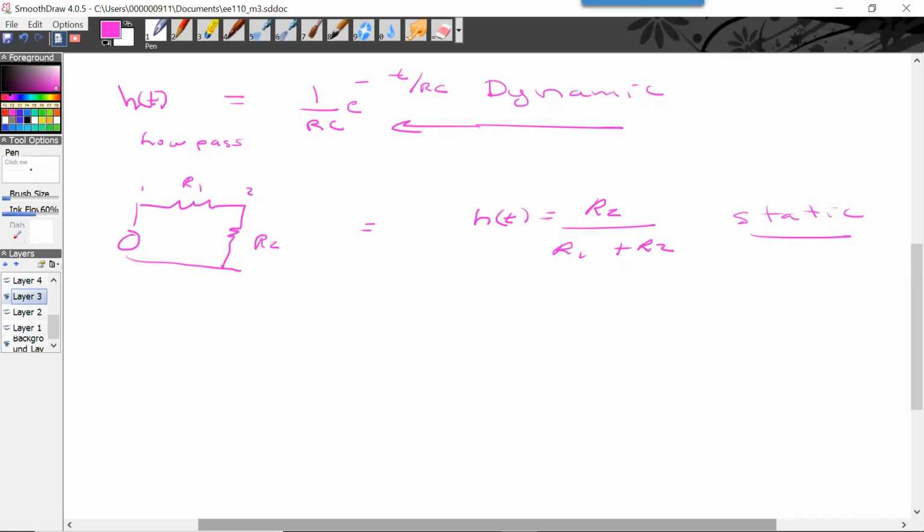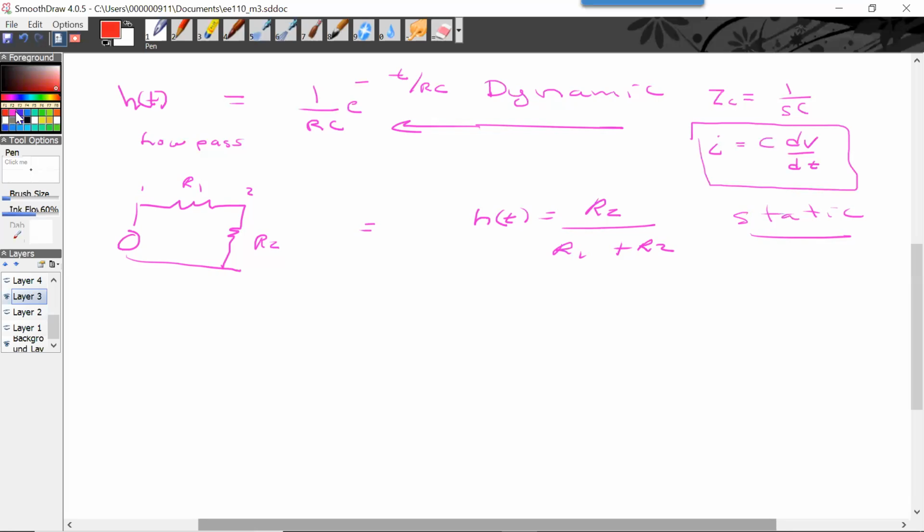Because it has an element, the current voltage relationship in the time domain has a derivative. And so that means it has a memory, right?